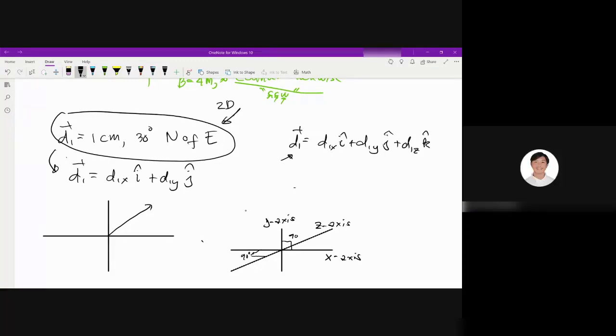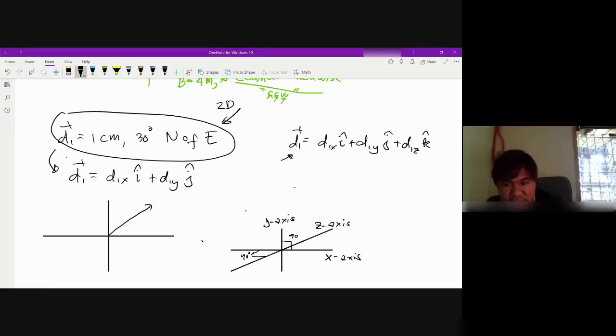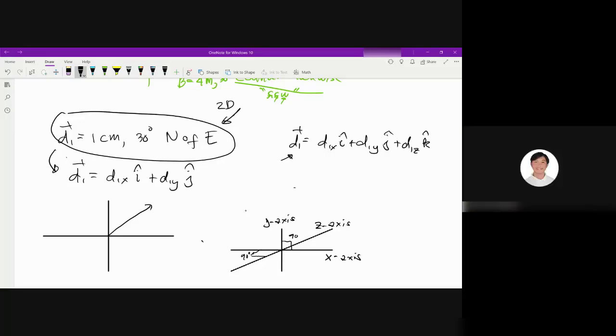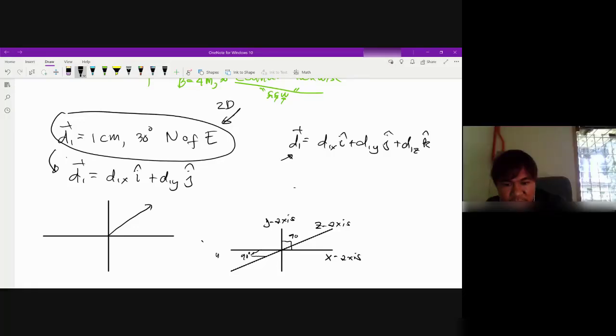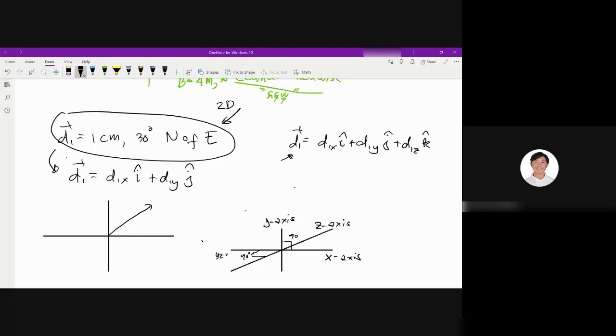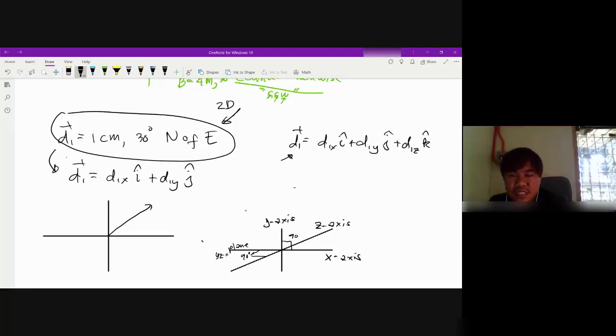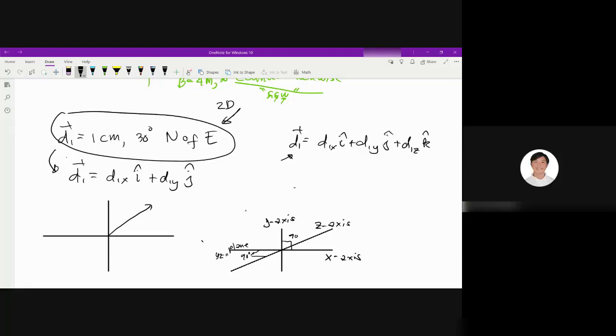This is what we call the YZ plane. Right, Ivan? Okay.